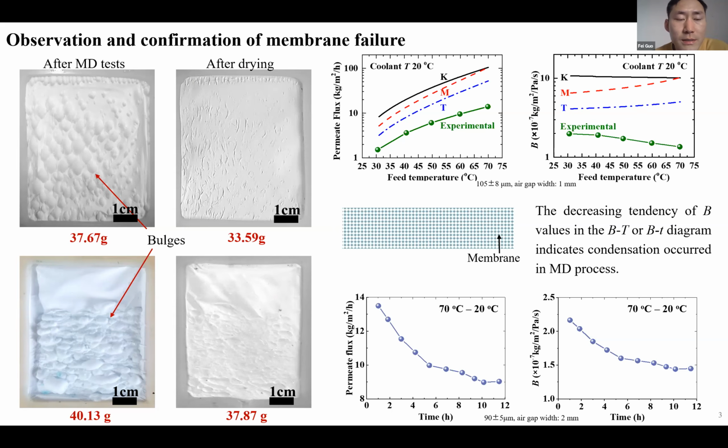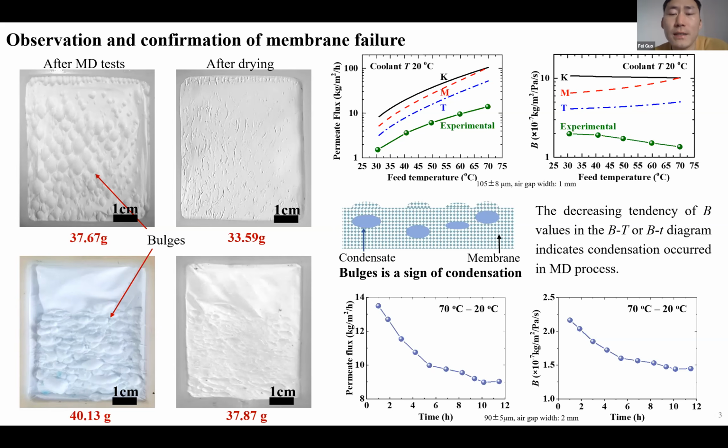We started our first experiment with a membrane thickness of 105 micrometers. Then we see some bulges in the membrane surface, and the membrane weight after the MD test is 37.67 grams, and that after drying was 33.59 grams. That's the water condensate inside the membranes, and it may cause the bulges in the membrane surface.